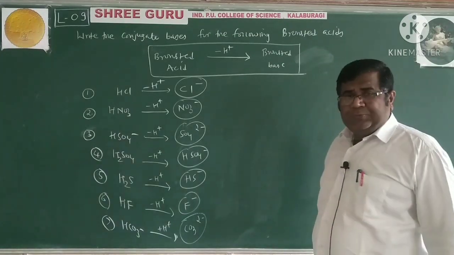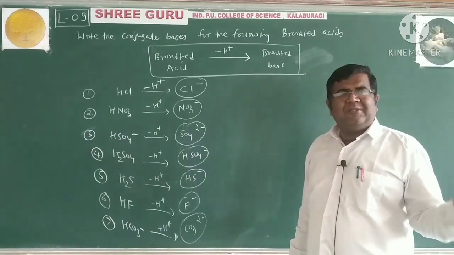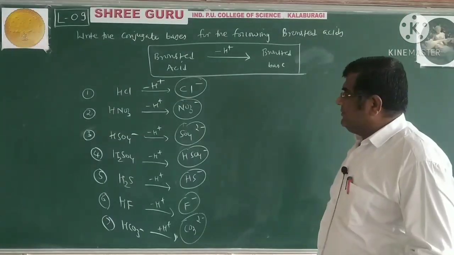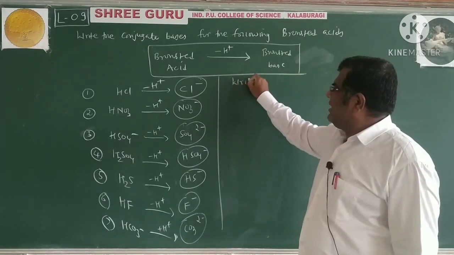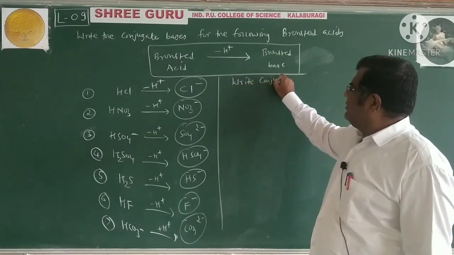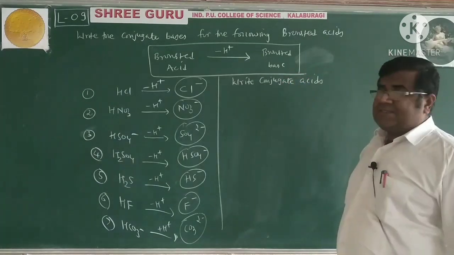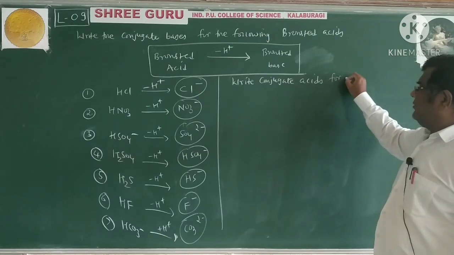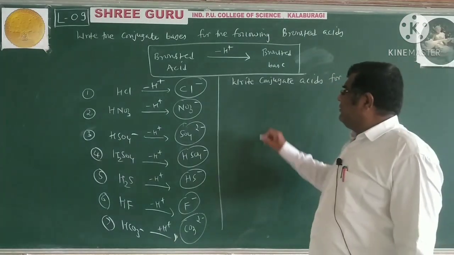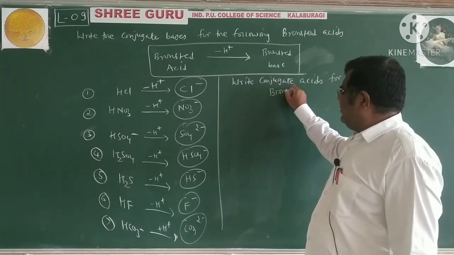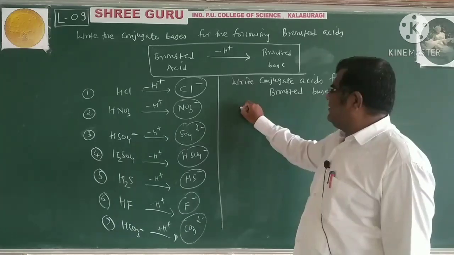The reverse is also true. If we have a Bronsted base and we add an H plus ion, we get the Bronsted acid. So we'll take one more question. Write the conjugate acids for the following Bronsted bases.